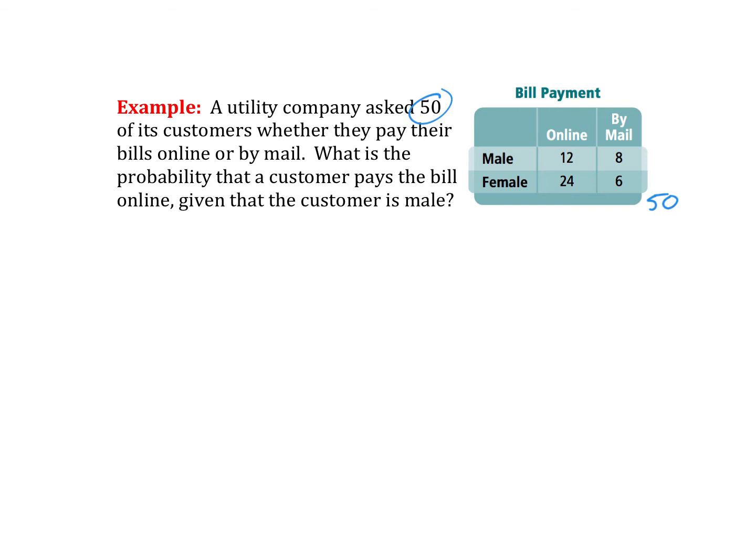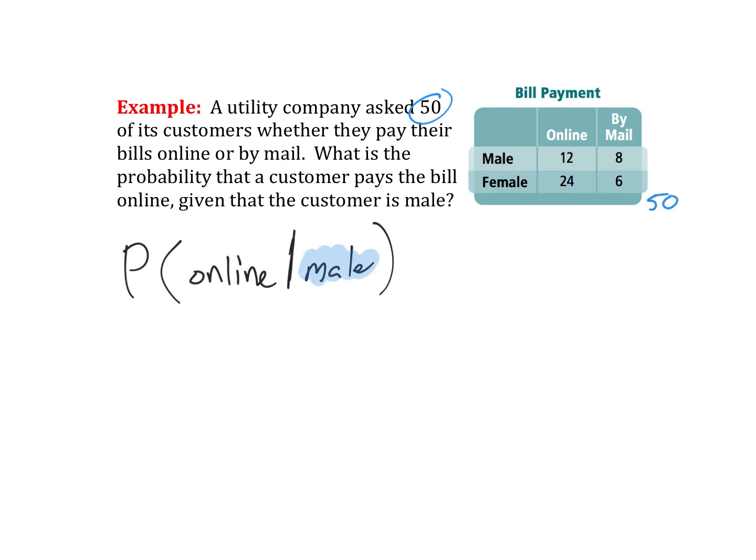Whether they pay their bills online or by mail, what is the probability that a customer pays the bill online given that the customer is male? So we want the probability that they pay online given that it is a male customer. With a male customer, that's going to tell us my denominator.